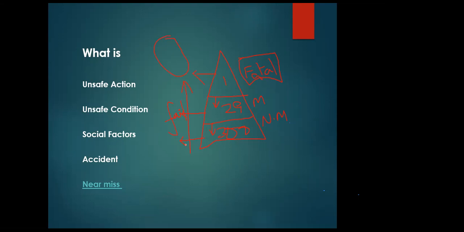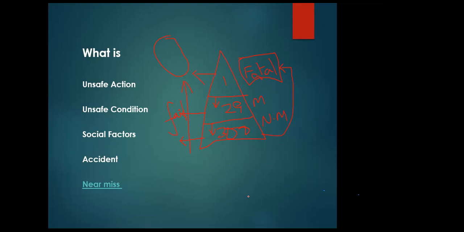So that's why we should be very focused and should not ignore near miss cases, because they have high potential to lead directly to a fatality. Every organization should have a near miss reporting system, which should be monitored properly.